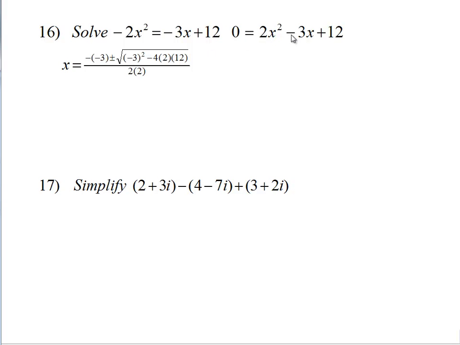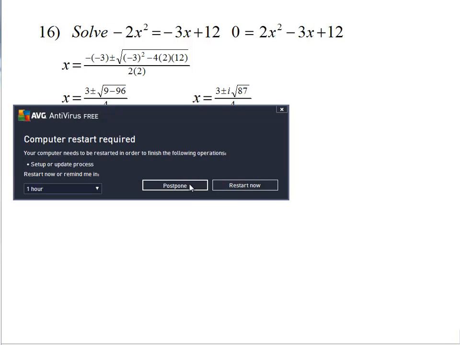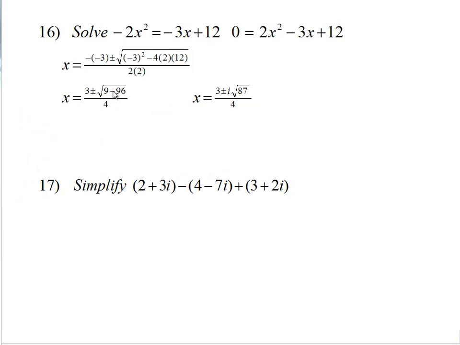We just call these a, b, c: first, middle, last. Okay, we combine these negatives, becomes positive 3. 3 squared is 9. 4 times 2 is 8 times 12 is 96. So that's 3 plus or minus the square root of 9 minus 96, which is negative, so it's an i, 87 over 4.